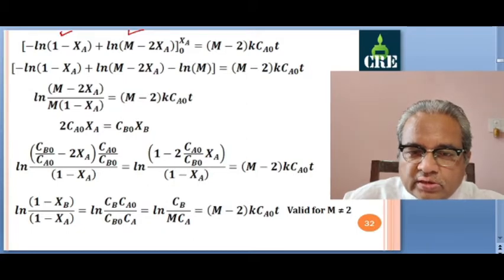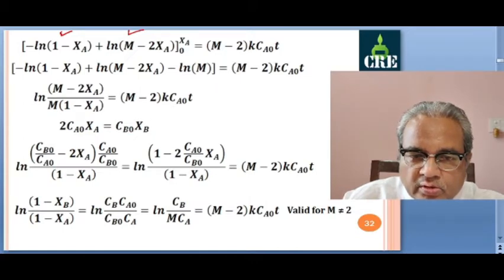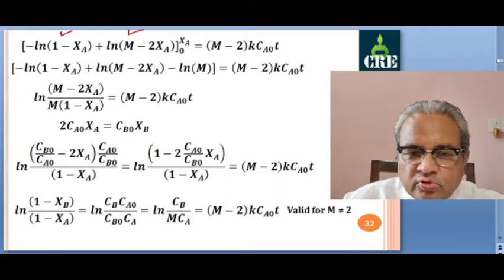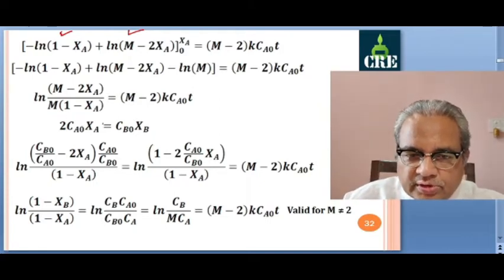This is for the reaction A plus 2B gives products, with a rate law first order with respect to A and first order with respect to B. Now we will write it in the form of concentration. This is in the form of conversion. Mostly we prefer to use the expression in terms of conversions, but we can write it in terms of concentration also easily.